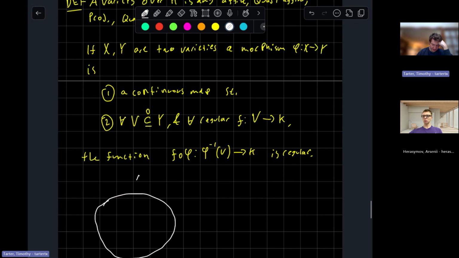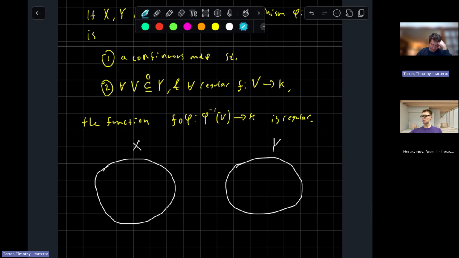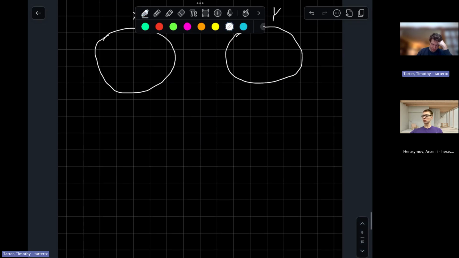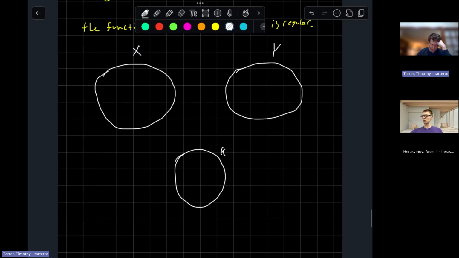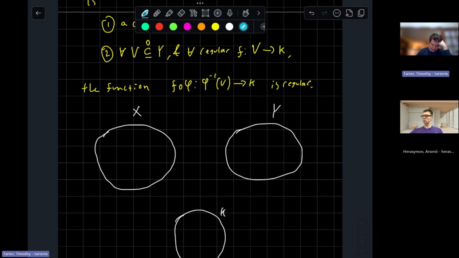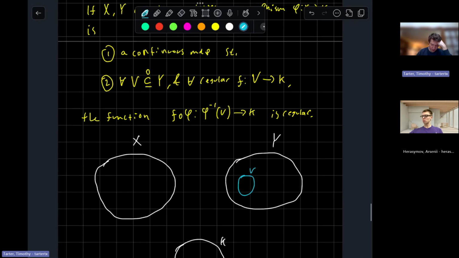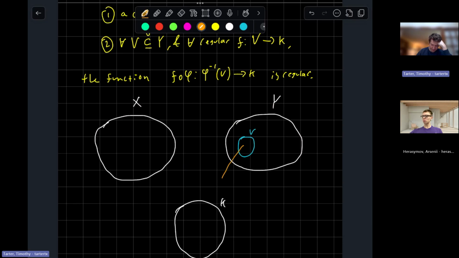So if we have a variety X and a variety Y, and we have the residue field K, which is fixed, then we have this subset V in Y such that for every f from V into K which is regular, the function from phi inverse of V, which is in X, to K is regular.